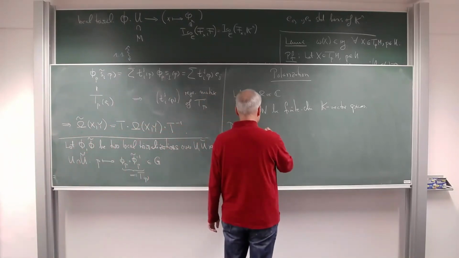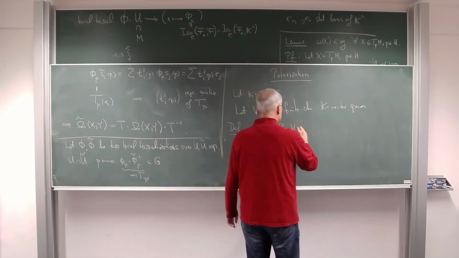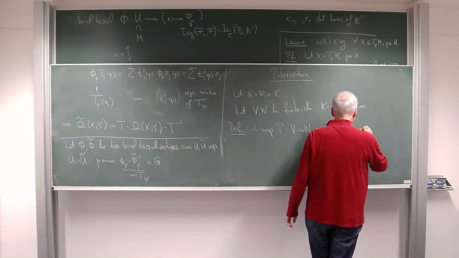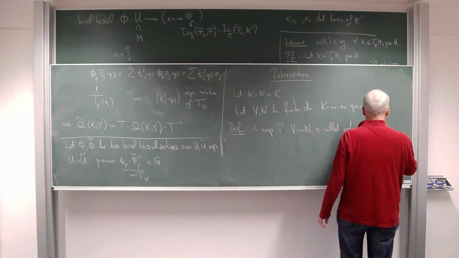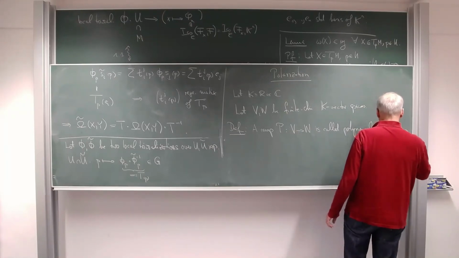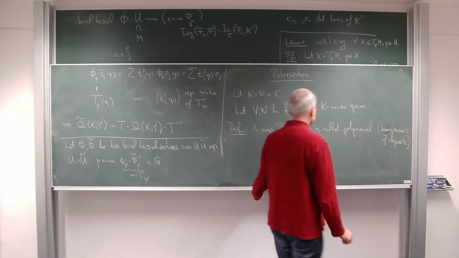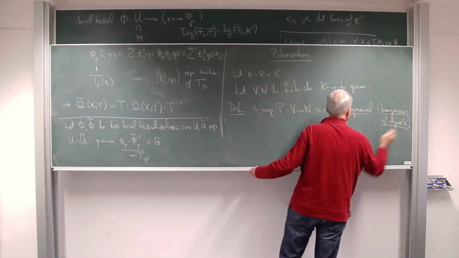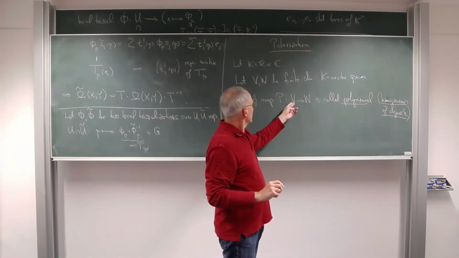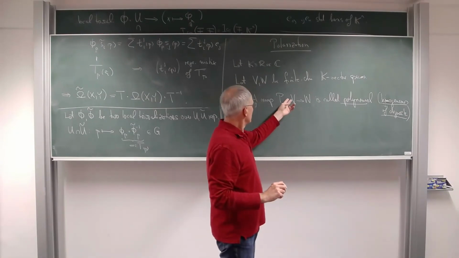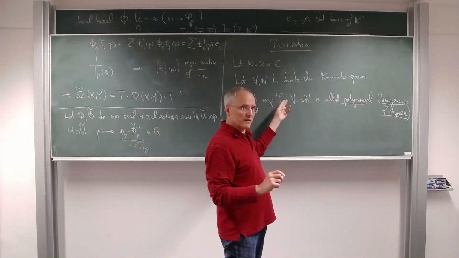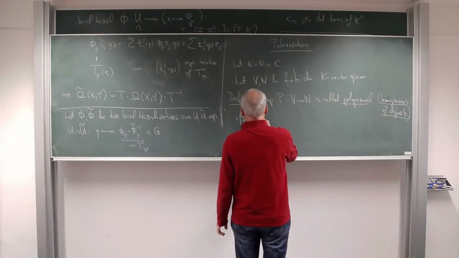A map P from V to W is called polynomial, or homogeneous polynomial of degree k, if and only if I choose a basis of V and compose with the corresponding isomorphism of K^n, then I get something which is polynomial in the usual sense.